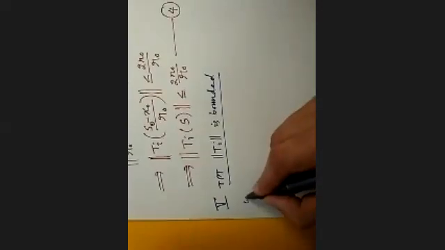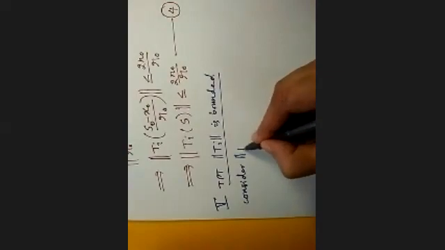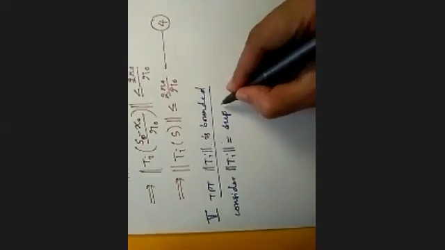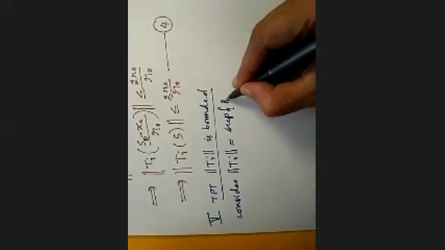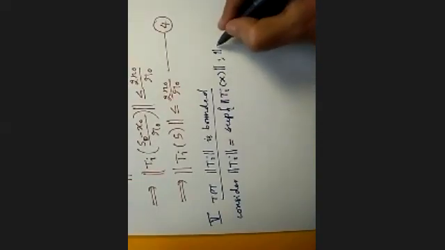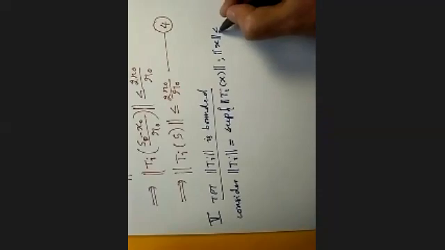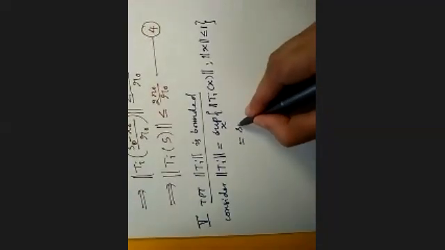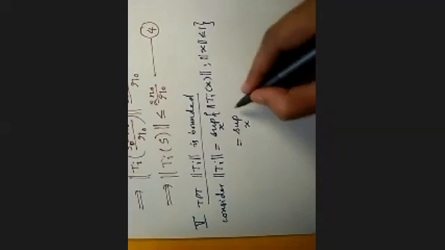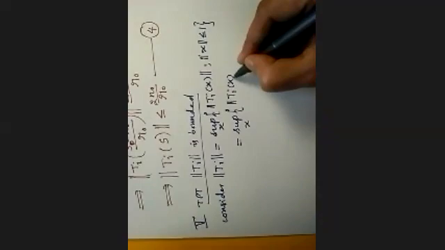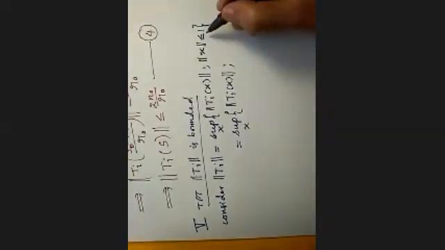Now consider norm Ti is equal to supremum norm Ti of X, and that is the definition, norm X lesser than or equal to 1. Supremum runs over X. That is equal to supremum X norm Ti of X, norm X lesser than or equal to 1.